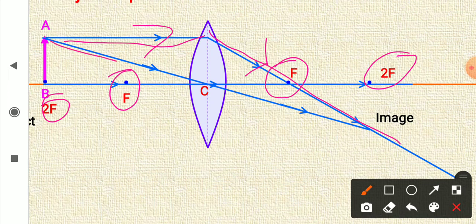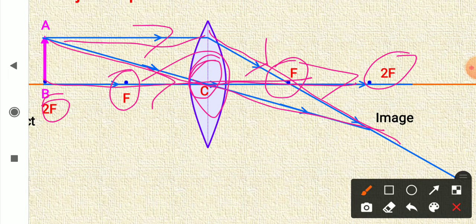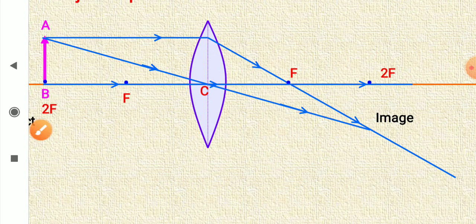Take another ray which passes through the optic center. It will go without deviation, and we can take a ray along the principal axis. This also will pass without deviation because it is passing through the optic center. And at this point, these two rays are meeting. So the image will be formed at this point.